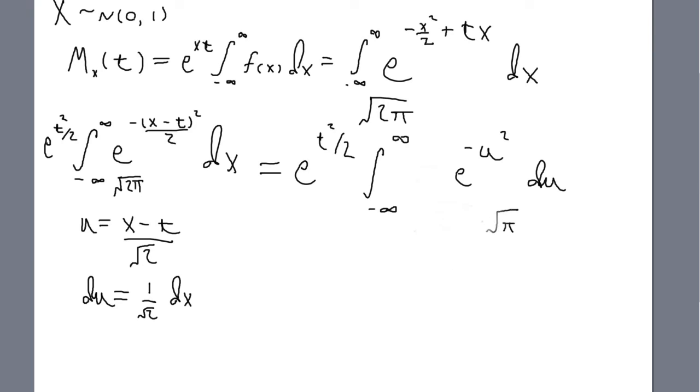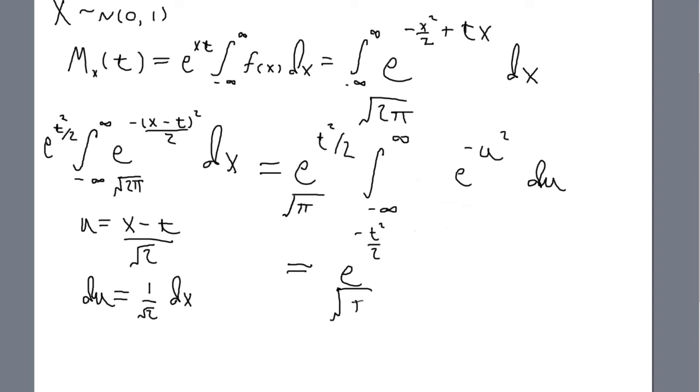And so we're just going to erase them. Done. What we have left is, I'm going to pull out the square root of pi here. And we notice now that we can resolve this integral because this is the Gaussian integral.